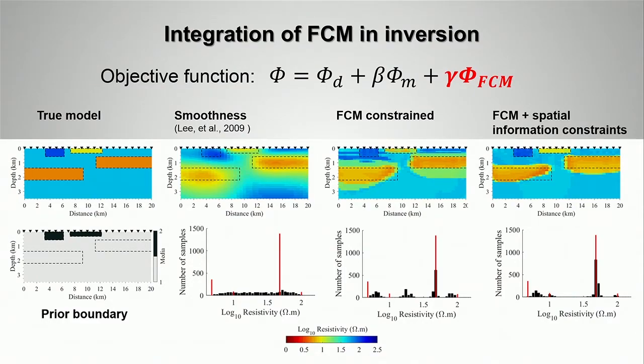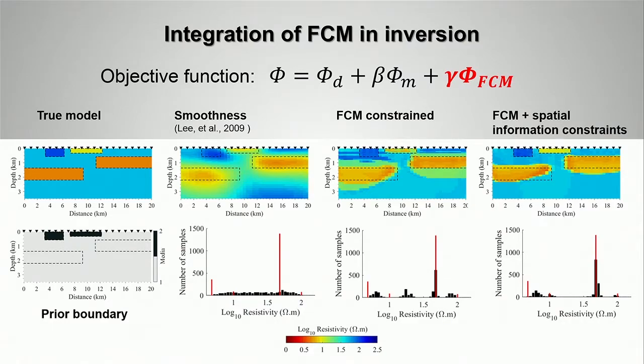In the third case, we assume that if we know the information of the cellular objects here, we can divide the section into 2 media: one related to the object, the other the background of the model.